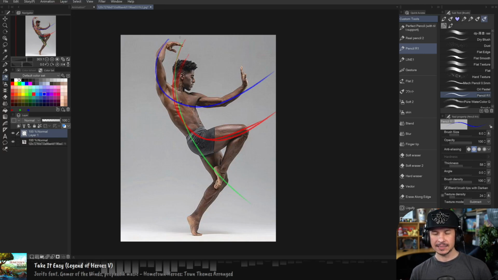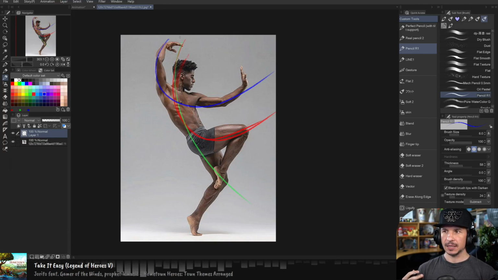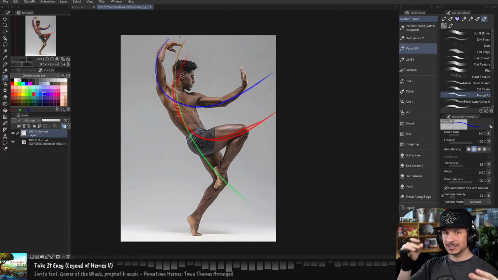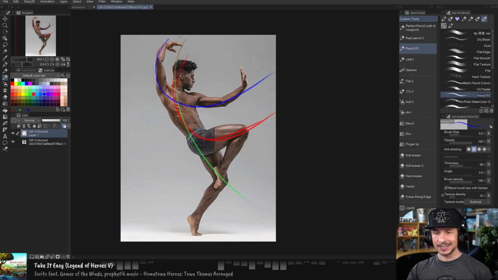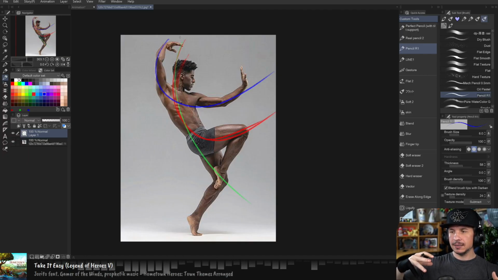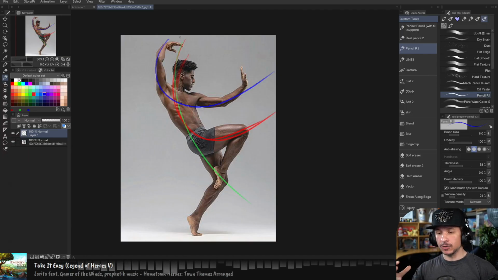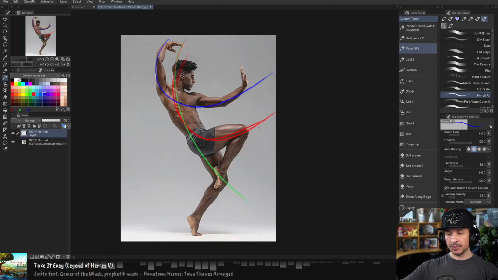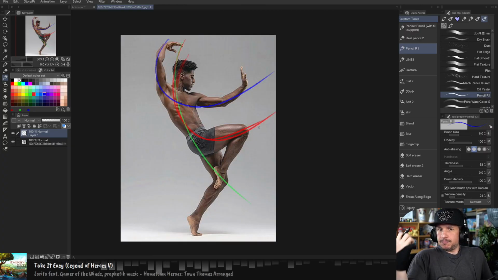So these are the lines of energy moving through the pose. There's no solid, here is the exact line and here's the mathematical formula that you use to find it. It's more just the feeling of the pose. And typically the main line of action is what we want the energy to go towards. So in this case, for example, if I was to animate this, I would want that feeling of that leg coming up.